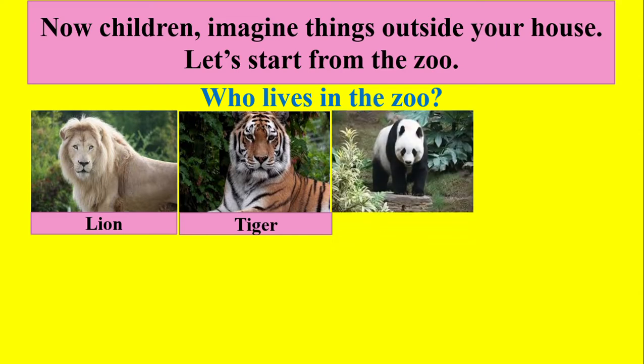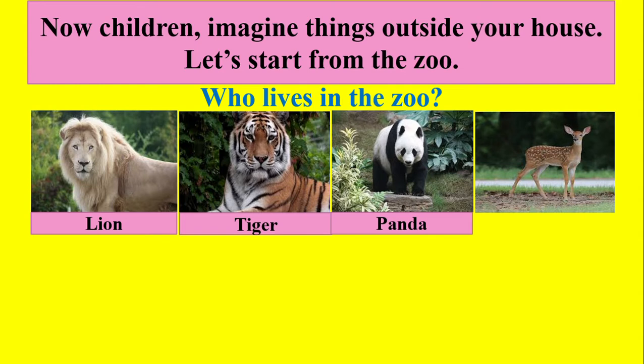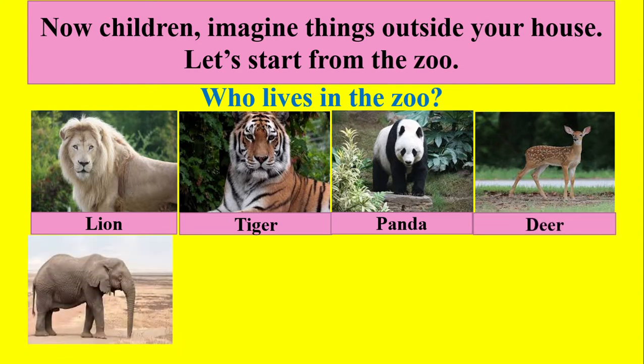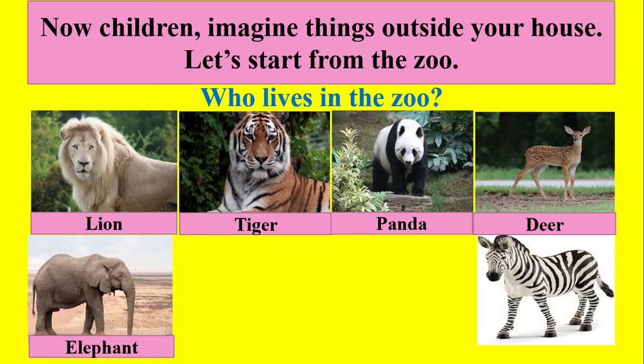This is a panda. And here is the picture of a deer. And this one is the largest land animal, and it's called an elephant. And this one is a nice animal and it's called a zebra.